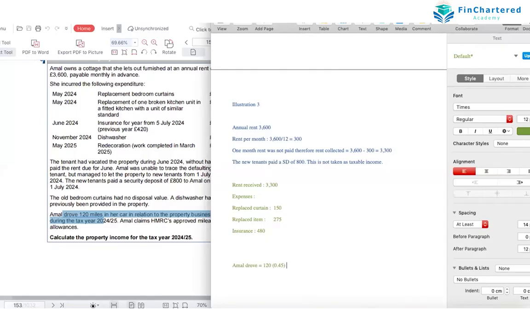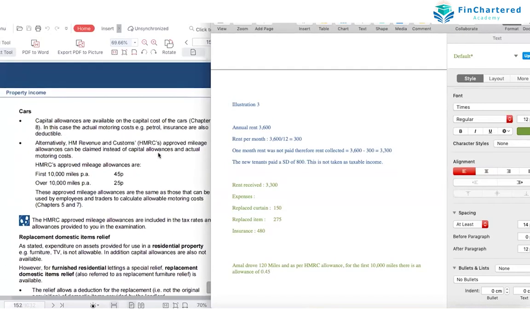Amal drove 120 miles. Again, I'll put it in detail. Drove 120 miles. And as per HMRC allowance, for the first 10,000 miles, there is an allowance of 0.45 pounds per mile.